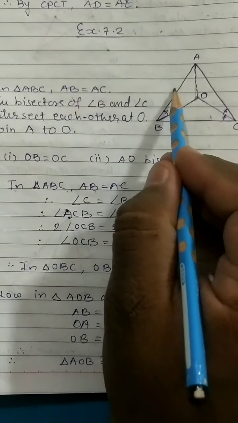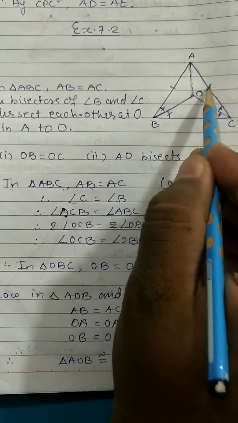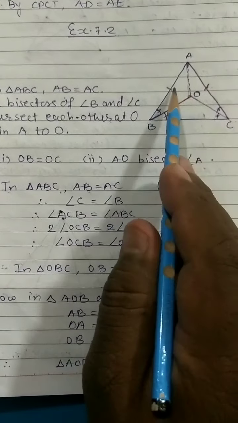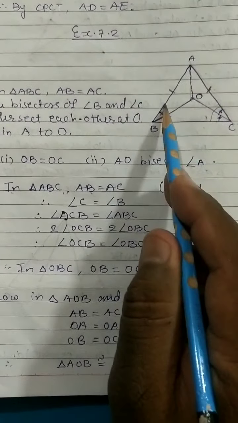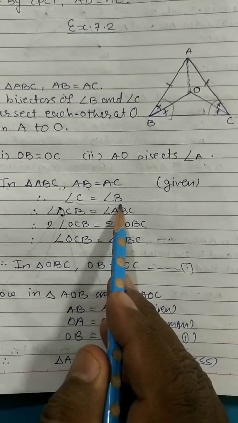It is given to us that AB and AC are equal. And if they are equal, so can I say that opposite angle of AB is C and opposite angle of AC is B. Both are also equal, right?